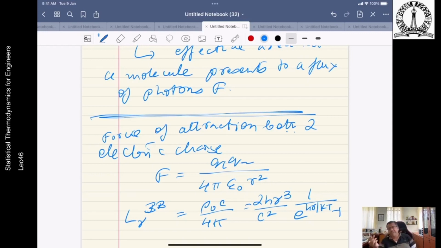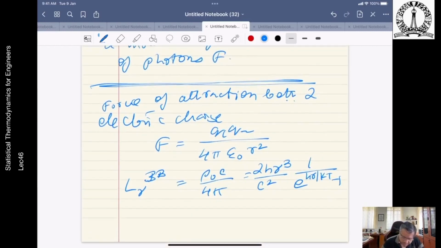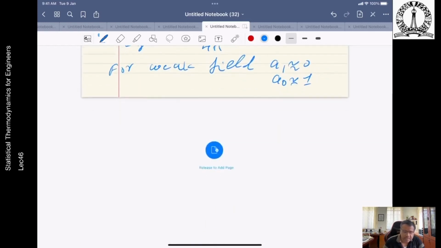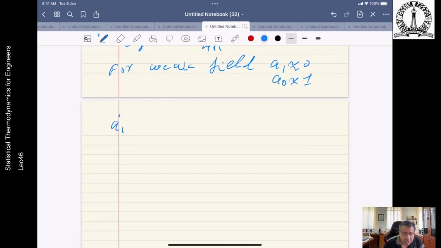In the weak field case, there is a negligible buildup of population in the excited state. So for weak field, non-laser, A1 is almost equal to 0 and A0 is almost equal to 1. As a result, A1 dot is i omega r by 2 e to the minus i delta t.